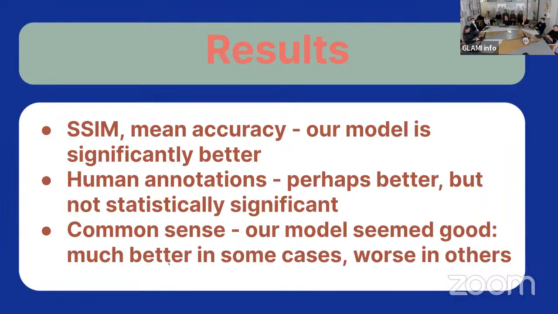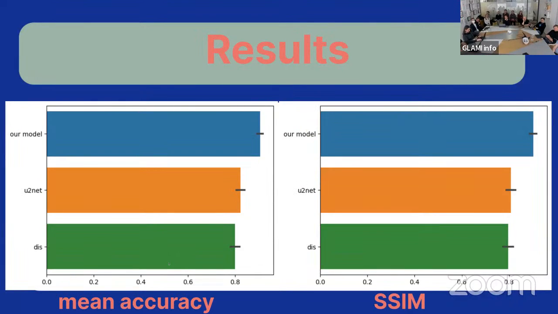And now the most show-off slide: the mean accuracy and structural similarity metric for our model, for the U-square-net, which is now in production, and for this one, which should be the state-of-the-art model for semantic segmentation for really difficult data.